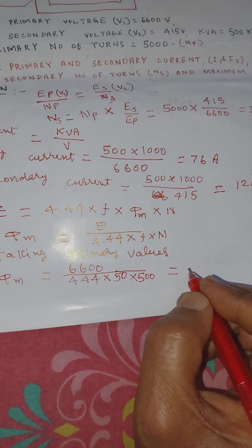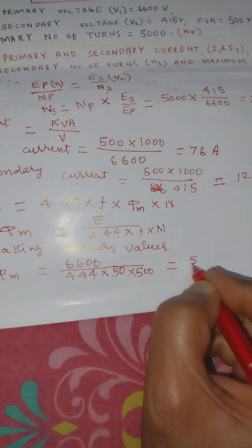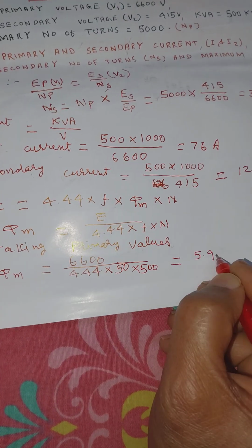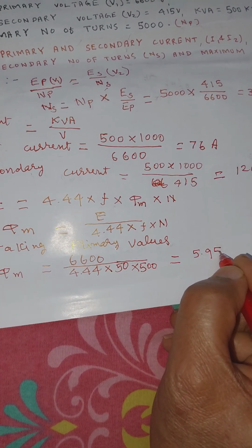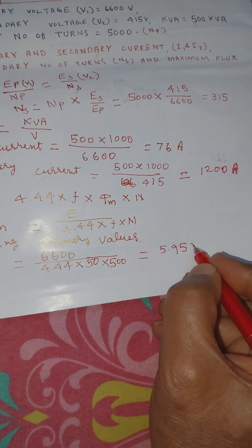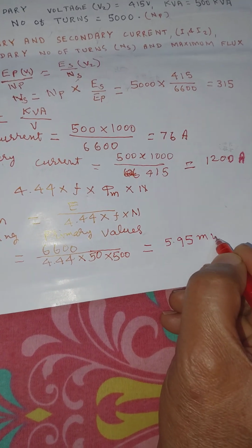Solving this will come to be 5.95 milliweber.